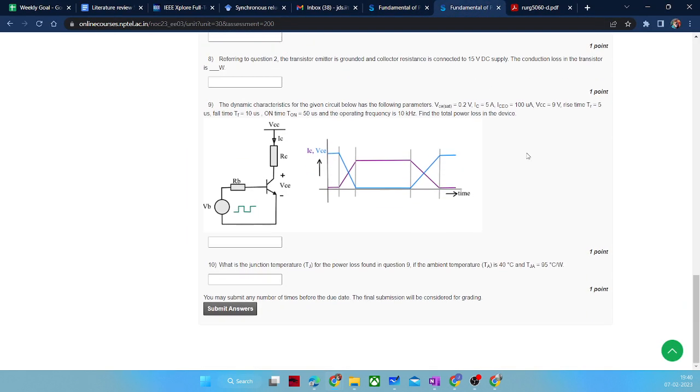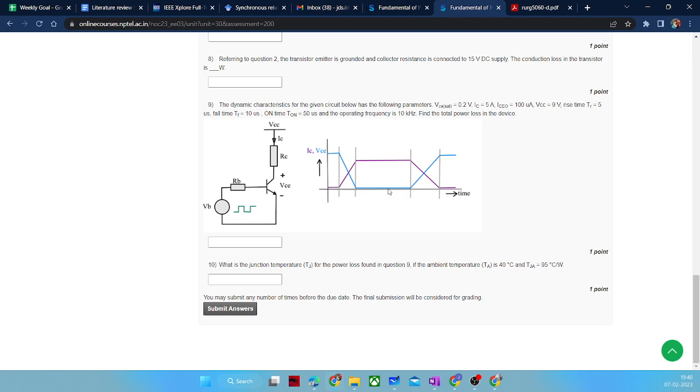Yeah, this is the problem here. On time and operating frequency are given. So 50 microsecond is the on time, considering T on and T off also.